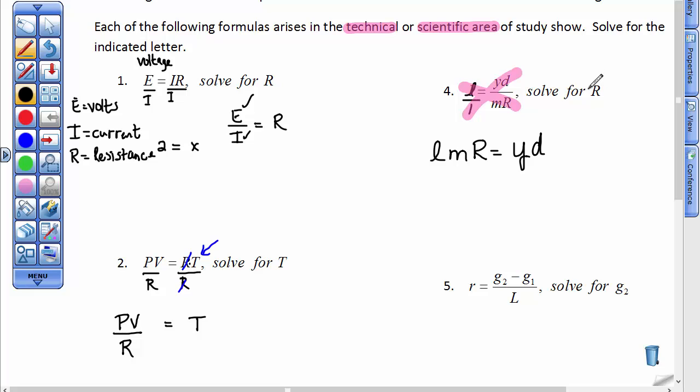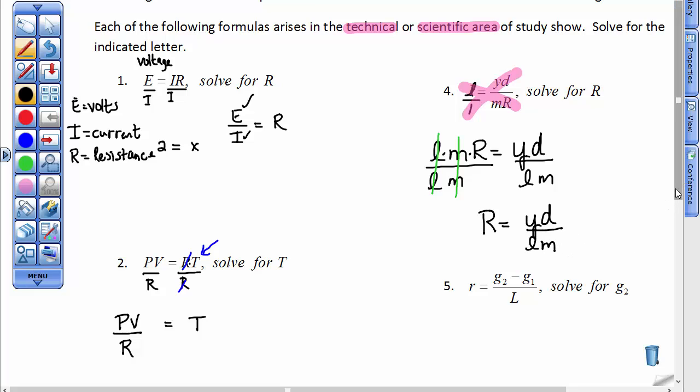Again, remember, I'm solving for the letter r, so this reads L times m times r. To get that r all alone, I'm going to divide both sides by the little l and the little m. Now I have canceled those out because those are equal to 1. And I have rearranged this formula for the letter r. It's found by taking y times d divided by l times m.